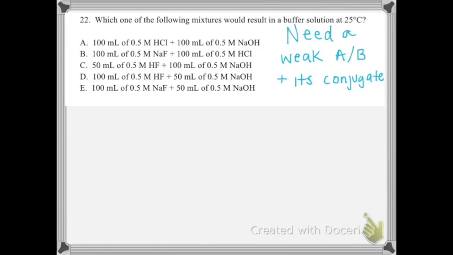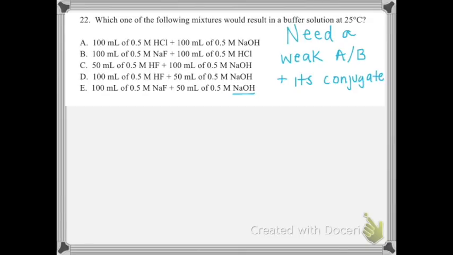And so when I get to these problems, my first pass, I always just look for something obvious where you would have a weak acid or base and its conjugate salt given. We don't have that in any of these cases though. We always have something strong as one of the components. So what we'll have to do is go through and think about what happens after whatever we're given reacts with the other component.